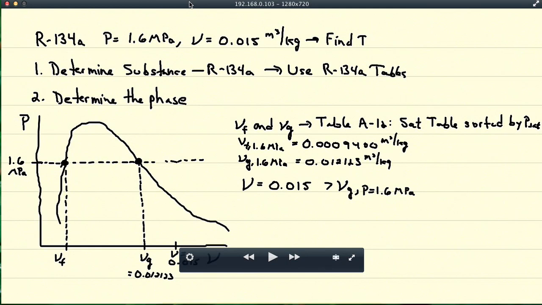And because we're at a pressure of 1.6 megapascals, that means that we are right here, and this is our state. So I've just determined that my phase is a superheated vapor.